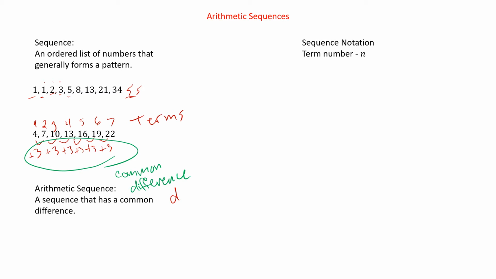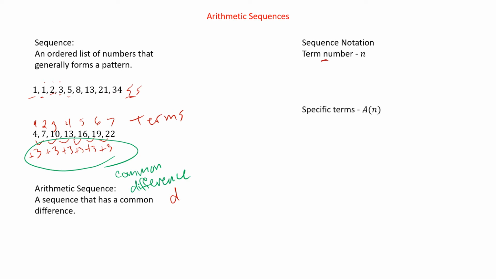We're not going to have the 1.7th term. That doesn't work. So a sequence is going to be a discrete thing because we'll jump from the first to the second to the third to the fourth, etc. And so n implies that it's going to be discrete. And we use n because it's the term number.